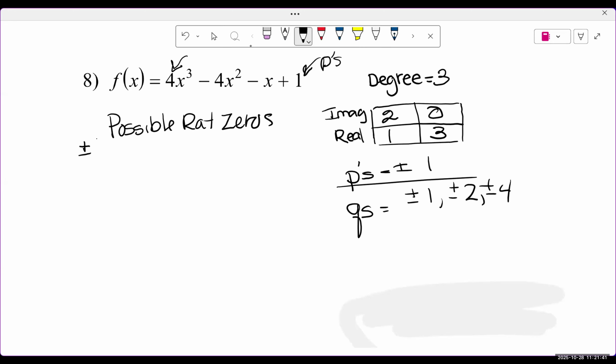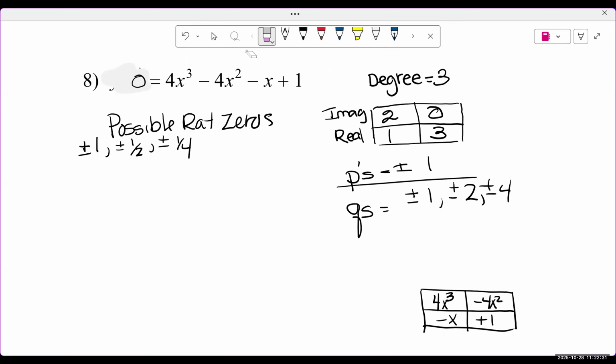So plus or minus 1, plus or minus 1 over 2, plus or minus 1 over 4 are our possible rational zeros. Okay, and I'm going to put a 0 over here. Now, let's try a different strategy. For this one, what if we tried to factor?